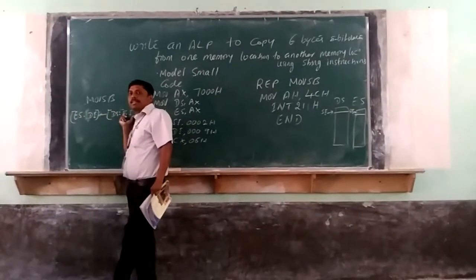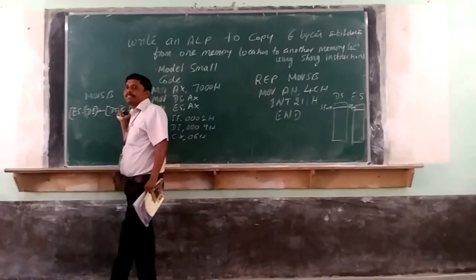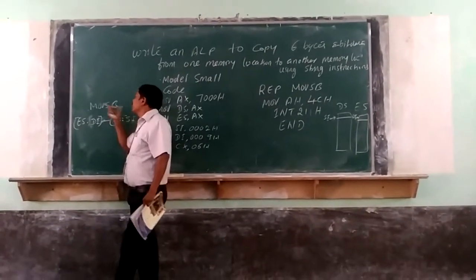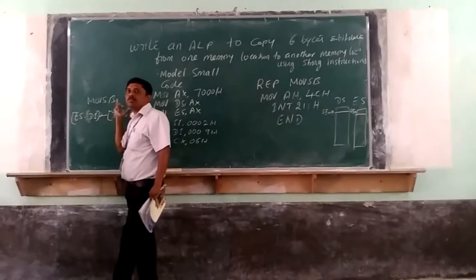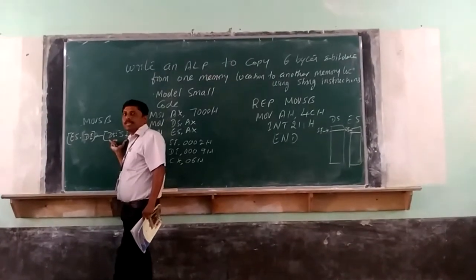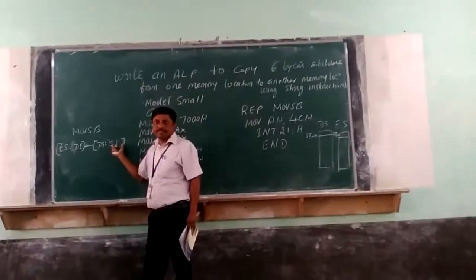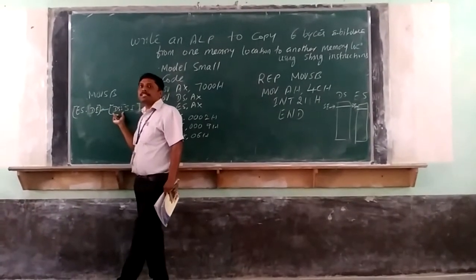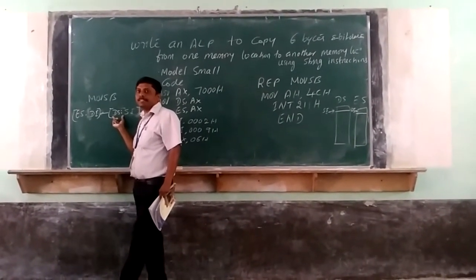Here the effective address you should store in SI only. You are not supposed to use another register, because this MOVSB is going to work only on these registers. Looking at the content of SI, this number will be added to the starting address of the data segment.